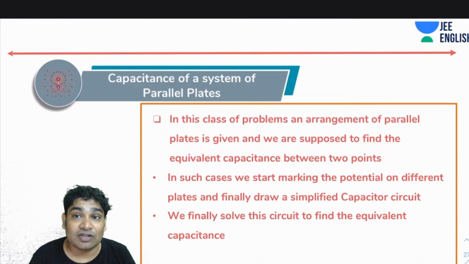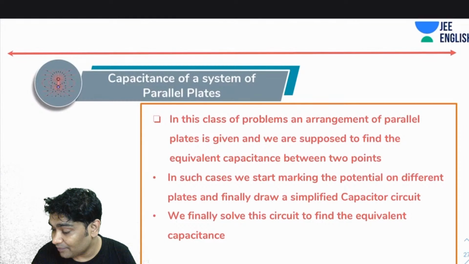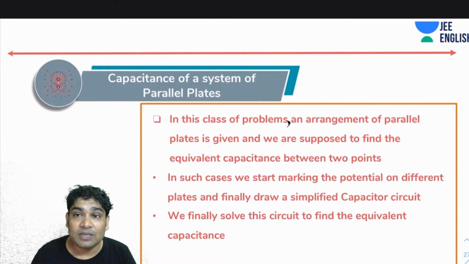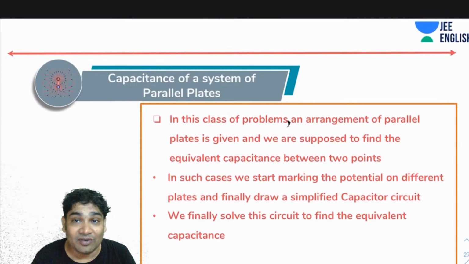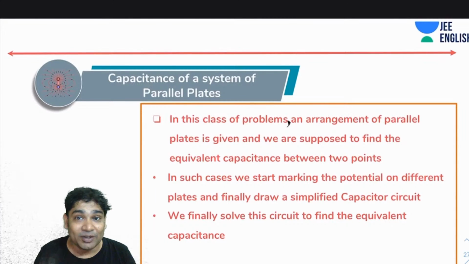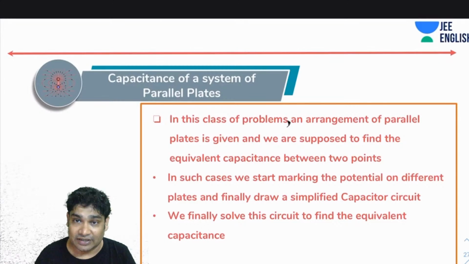In this class of problems, an arrangement of parallel plates is given and we are supposed to find the equivalent capacitance between 2 points. In such cases, we start marking the potentials of different plates and we finally draw a simplified capacitor circuit. We finally solve this circuit to find the equivalent capacitance.